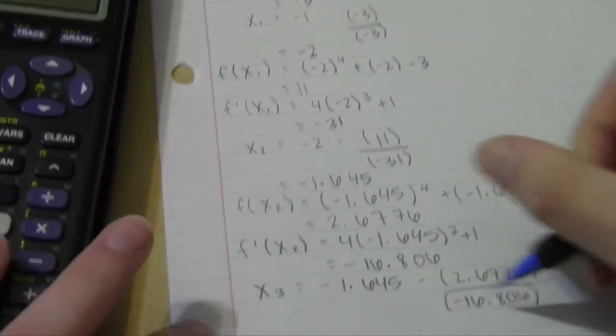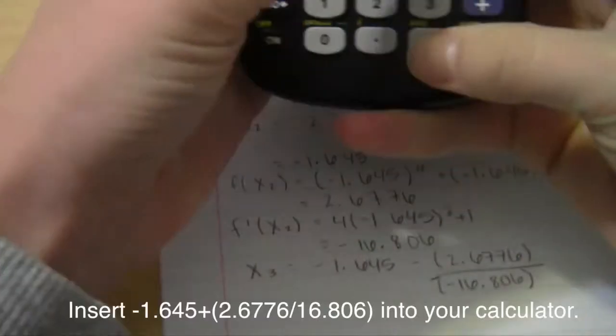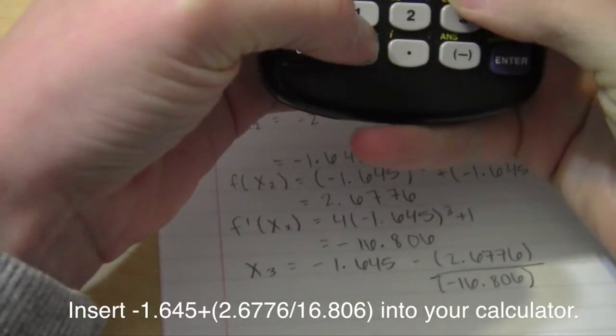Again, a negative divided by a negative in a fraction is going to be positive, so we can really just add that fraction.